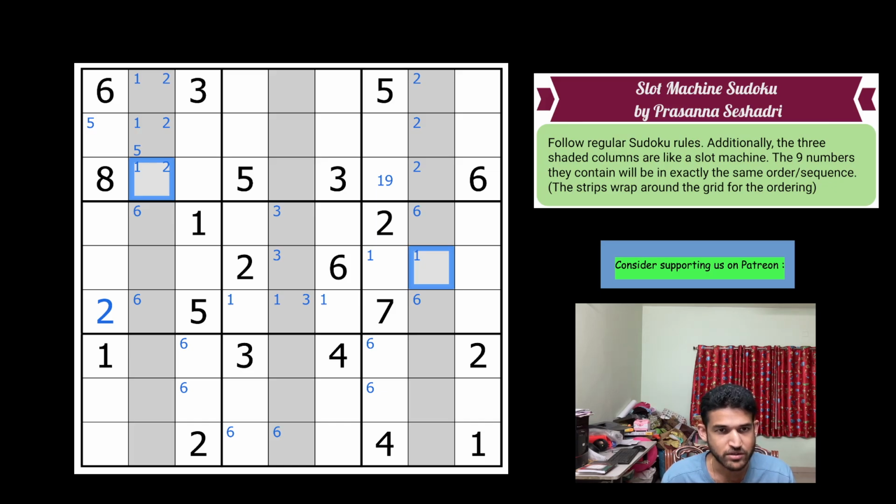Okay, before I go to that, let's just do these things. 6 is in one of these 2 cells in row 2.